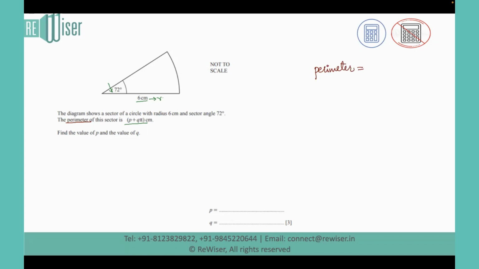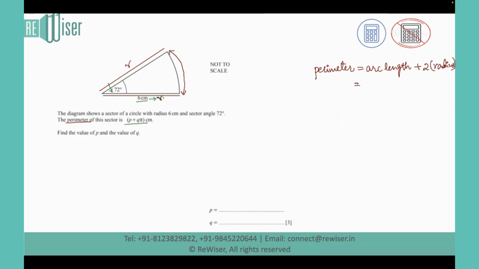So if I talk about my sector, I have this length which covers the sector, then another length over here, as well as the arc length of the sector. So if we have to define the perimeter of the sector, we'll say it is the arc length plus 2 times radius. As we can see, these two lengths are nothing but the radius.